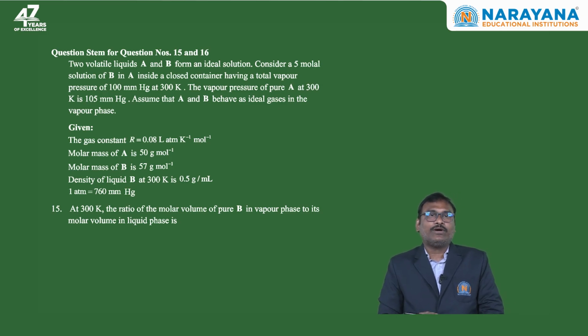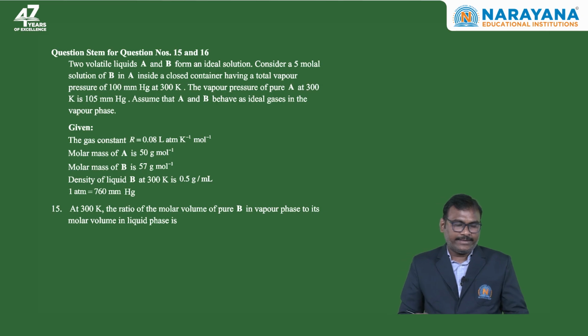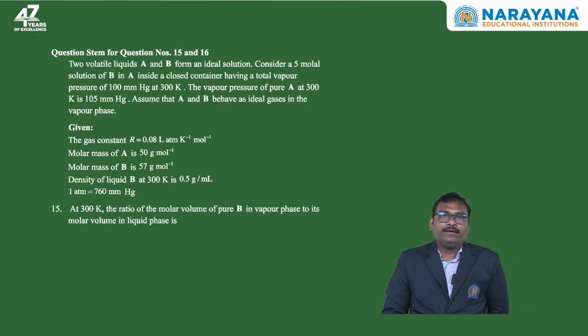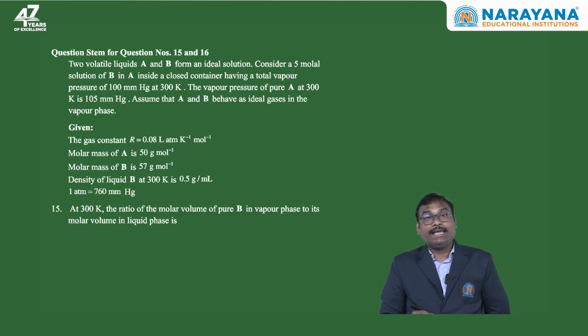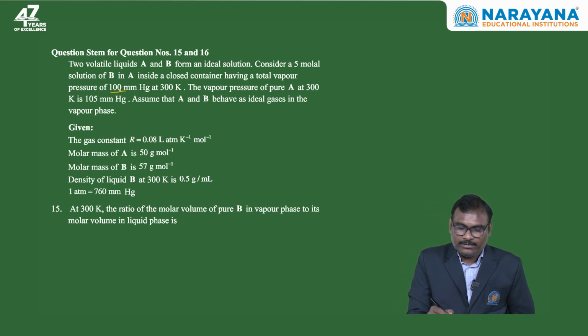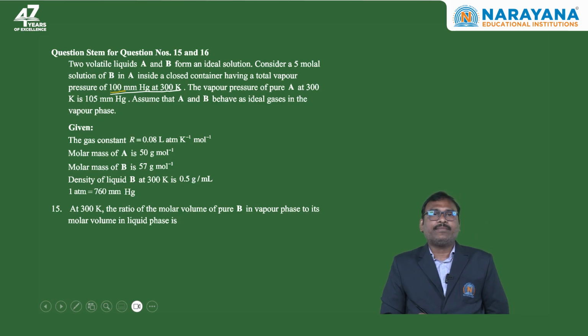That is, 2 volatile liquids A and B form an ideal solution. Consider a molar solution of B in A inside a closed container having a total vapor pressure. Yeah, the total vapor pressure is 100 mm of Hg at 300 Kelvin.